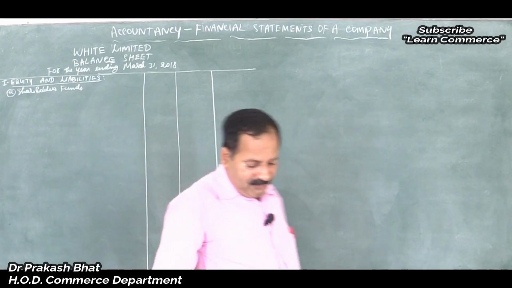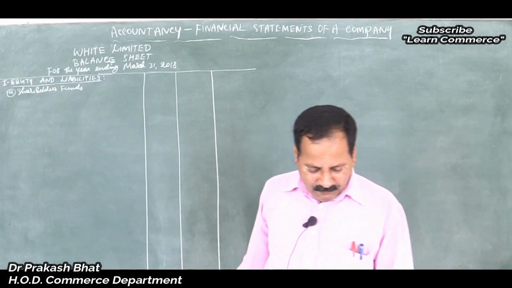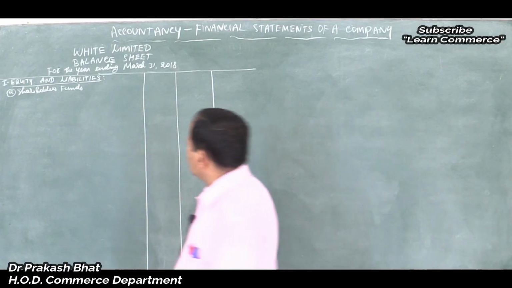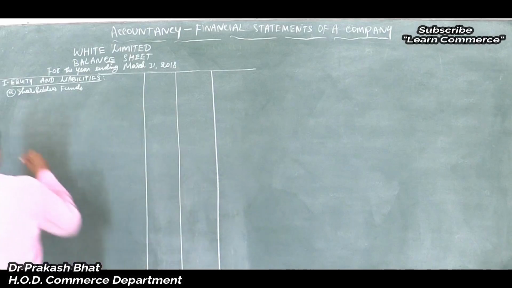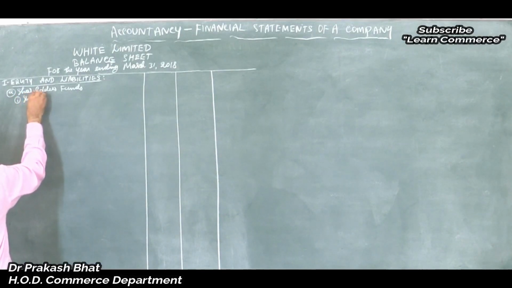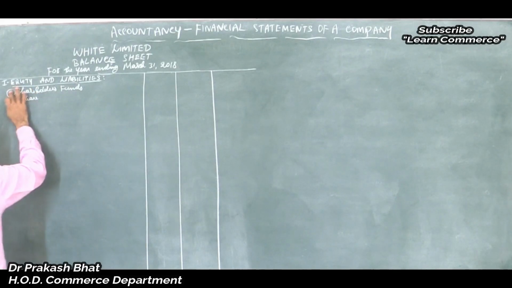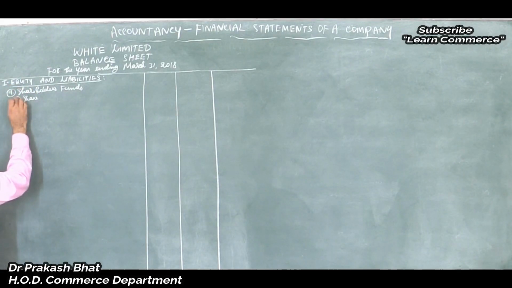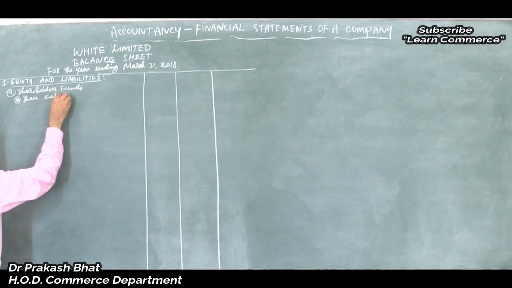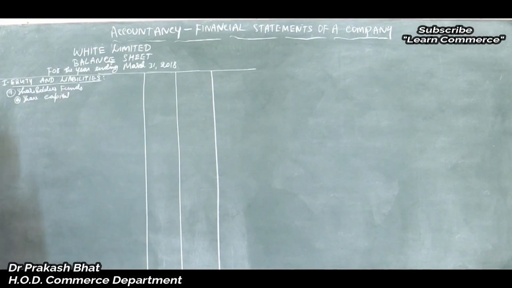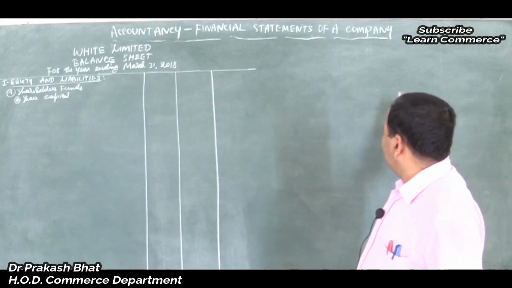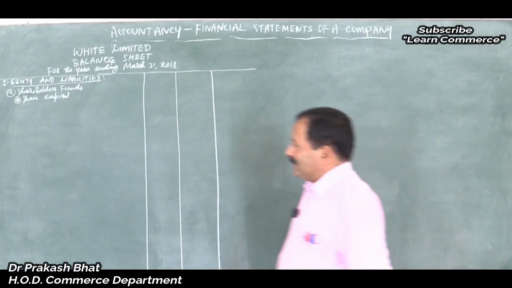Only preference share capital is there, correct? So preference share capital, I'll write it, how much it is, 5 lakh. Share capital, under that, make this as 1 and make this as A. We can provide a working note for share capital, or no need of that because share capital is already given.